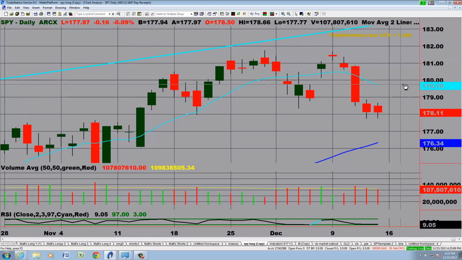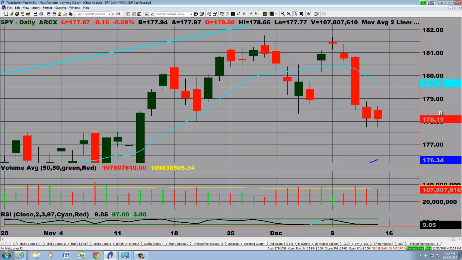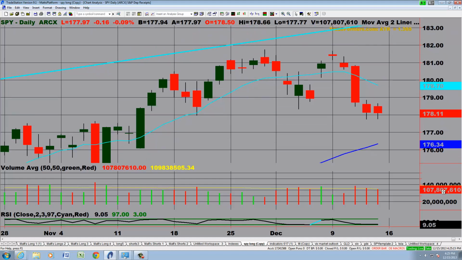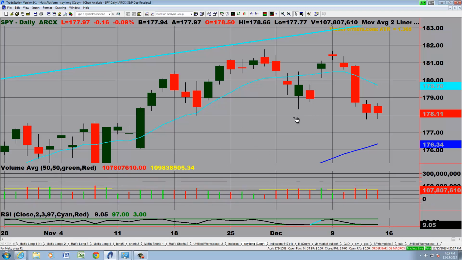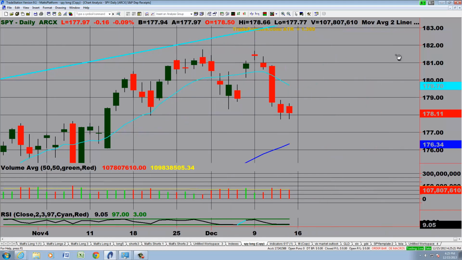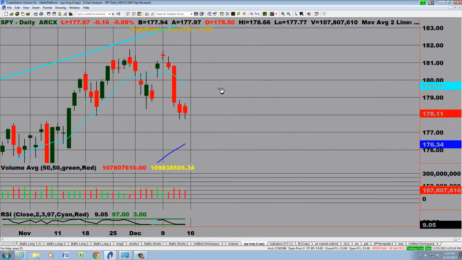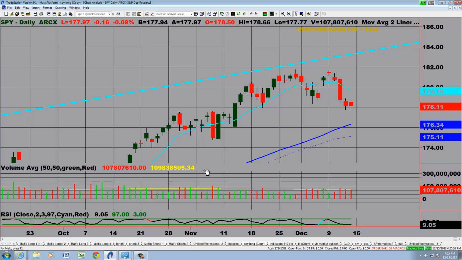So somewhat of a decline wouldn't be all that surprising at all. However, the longer term trend still remains intact, but you never know what can happen, and so we let the market tell us. But for right now, you can see longer term trend intact, potential double top playing out.